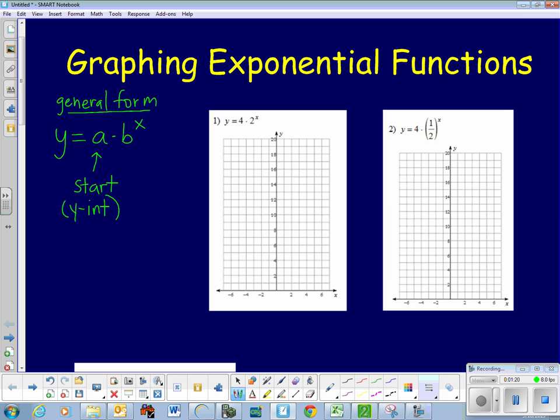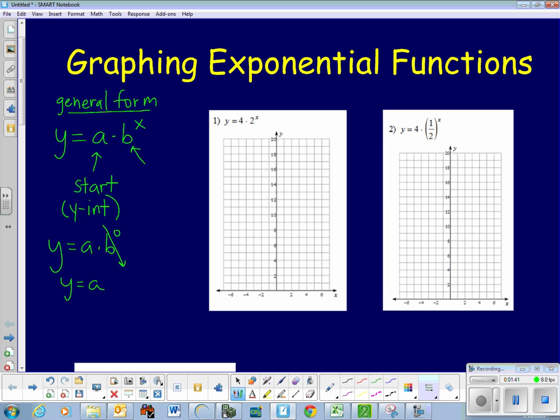Think about it. If x is 0, which is how we find a y-intercept, we would get y equals a times b to the 0. And anything to the 0 is 1, right? So this just equals a. Therefore, a is the y-intercept. So whatever number comes first in our exponential general form, that's our y-intercept.